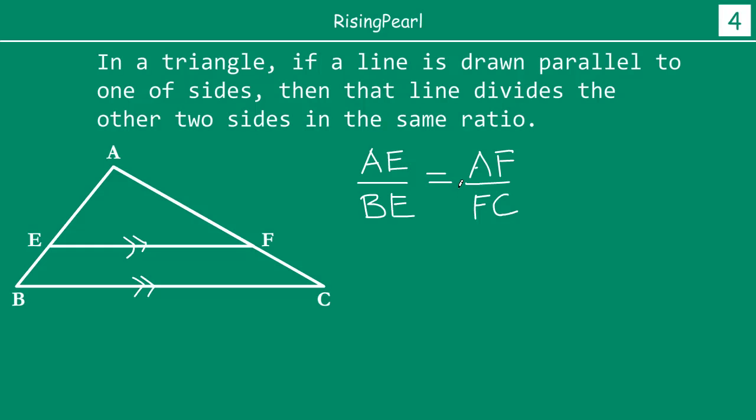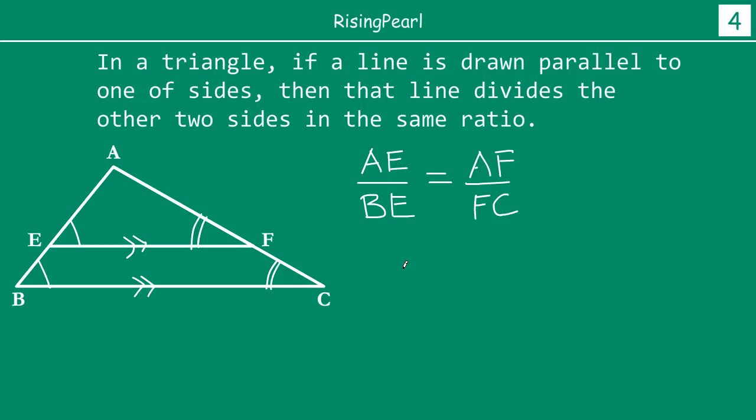The first thing you will notice is that if you look at the two triangles, the small triangle AEF and ABC, the big triangle, because EF and BC are parallel lines and AB is a transversal, these two angles are equal. Similarly, these two angles are equal. They are corresponding angles.